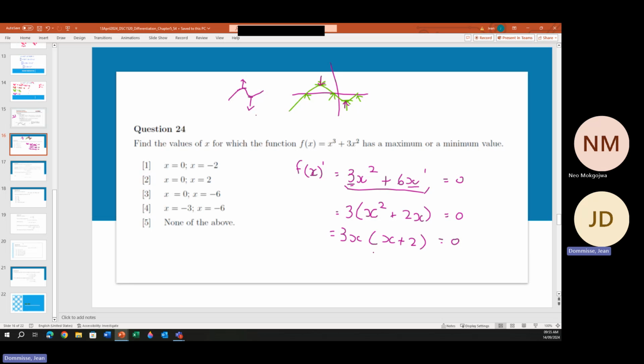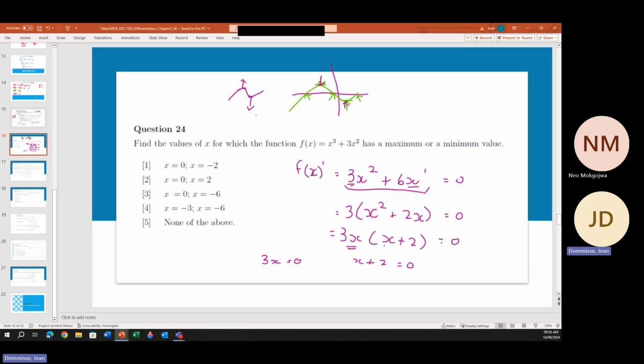Okay, so now when we need to work this out, we say 3x will be equal to 0, or we can say that x plus 2 will be equal to 0. Why we can do that is we know when you multiply by 0, your answer will be 0.